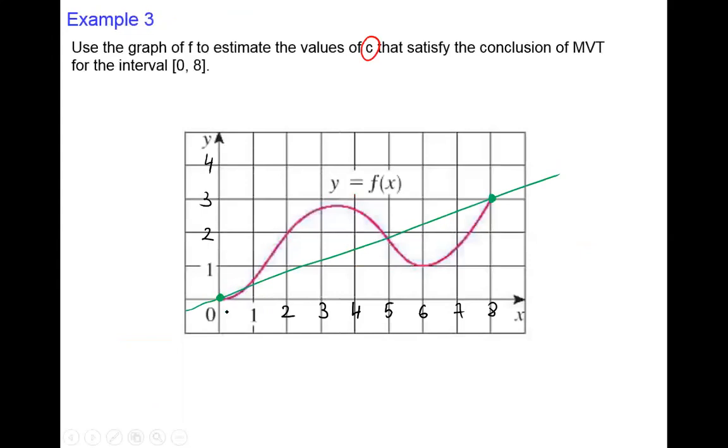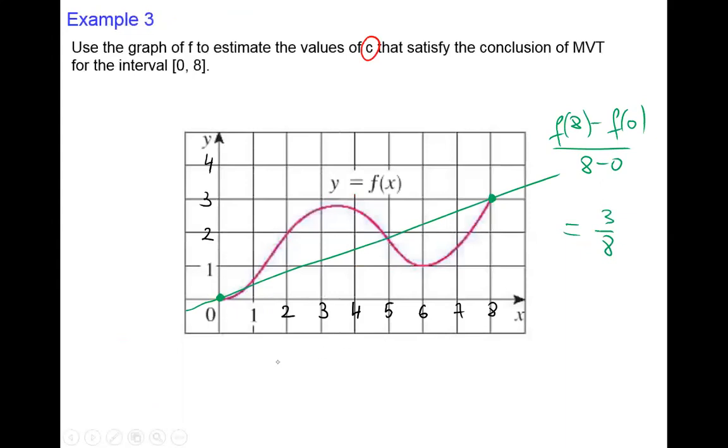These green dots are the secant line. I don't have to write the equation at the moment, but we can even compute the slope. Can you tell me the slope of the green line? It's 3 over 8, rise over run, because that's 3 and that's 8.